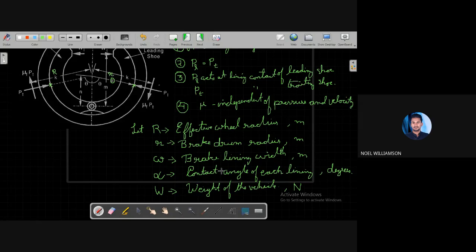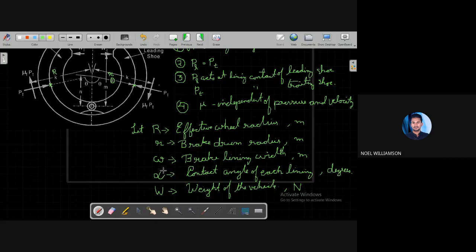Then small w is the width of the lining used. Then alpha is the contact angle of each lining, in degrees, that is, the angle subtended by each lining.